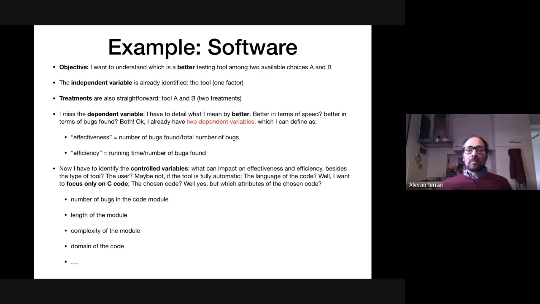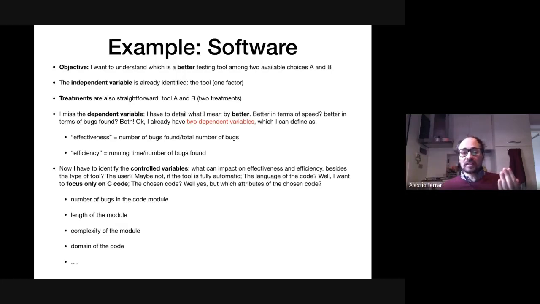What is the dependent variable? My objective is to see which one is better. What do I mean by better? Better is quite a vague concept. Is it better in terms of speed? Better in terms of bugs found? I want to consider both aspects. So in this case, I will have two dependent variables, and I define them as effectiveness and efficiency. I compare the two tools in terms of effectiveness, that is, how many bugs they find compared with the total number of bugs present in the code, because I assume that a tool could not be able to find some specific types of bugs.